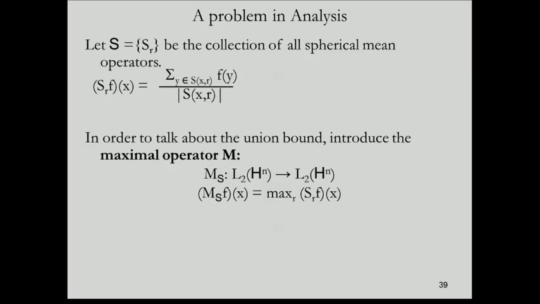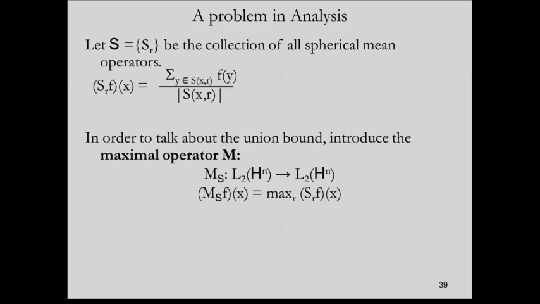In order to argue about the ruined set, how many vertices have some sphere that has a lot of bad points, we need to introduce the maximal operator. What is the maximal operator? Applied to f, you look at all the radii, and you take the maximum over all radii of this average on the sphere.